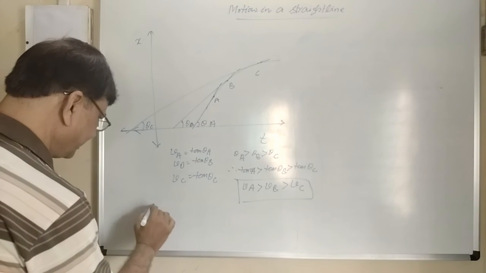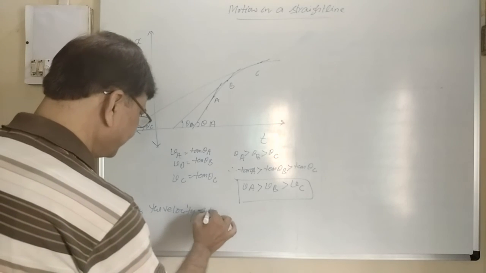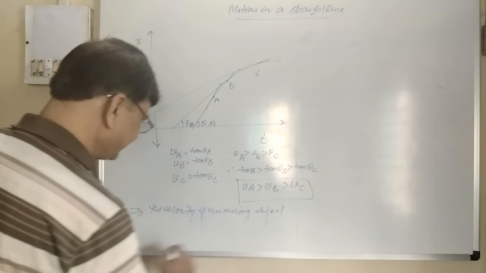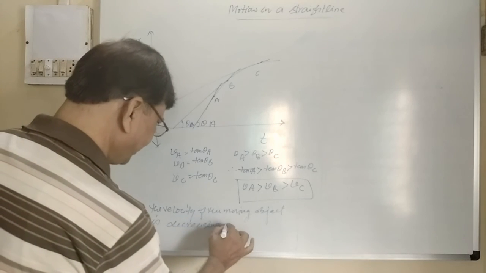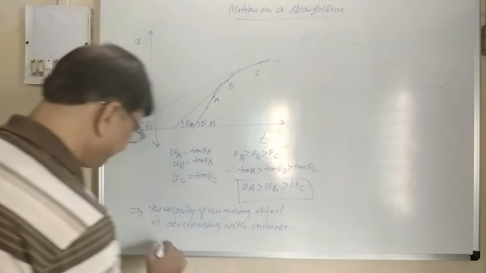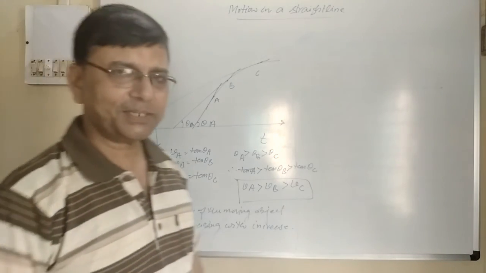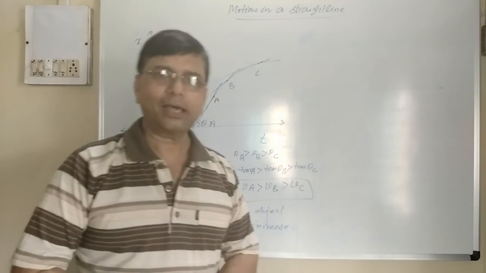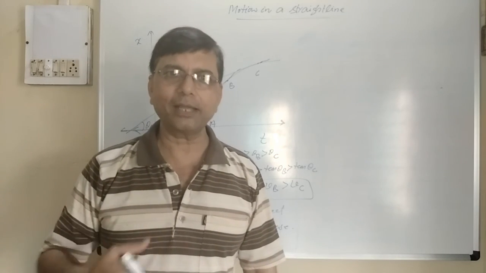So the velocity of the moving object is decreasing with increase in time. So from various displacement time graphs we can draw different conclusions, and some of them I have narrated, and I hope it is clear to all of you, and I will discuss something different and more later.